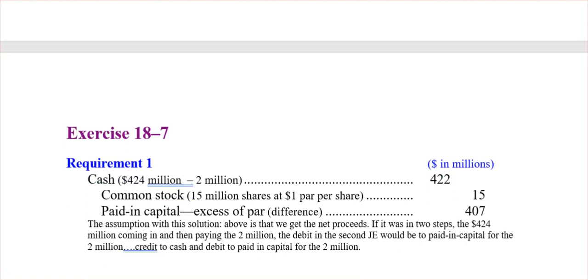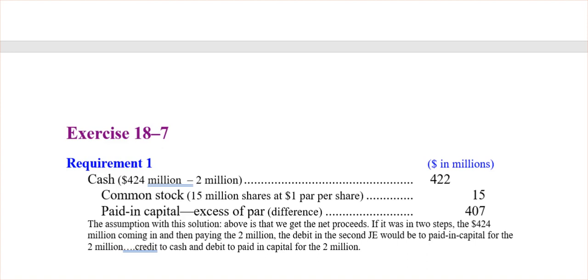It could be handled this way, in which when we get our cash coming in, it's automatically deducted and we're remitted the difference. So I'll go over this first. So we get 422 million. The common stock credit is always the number of shares times par.